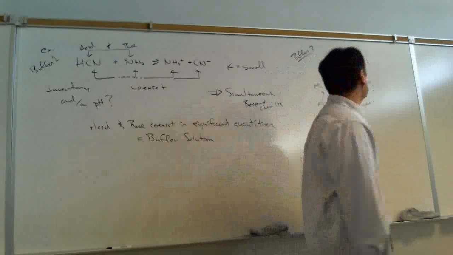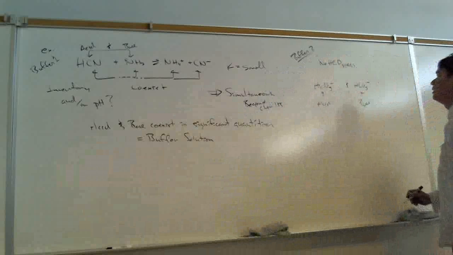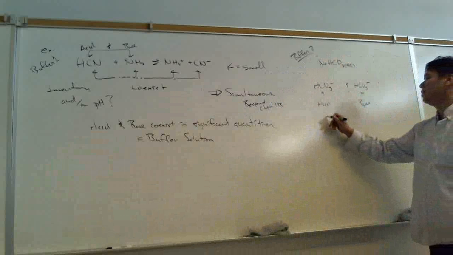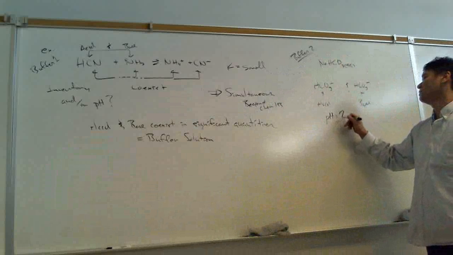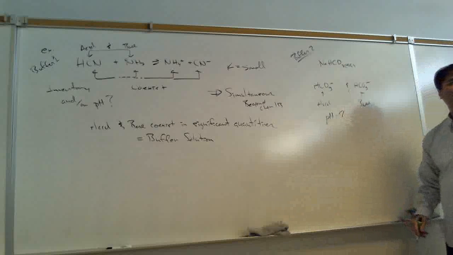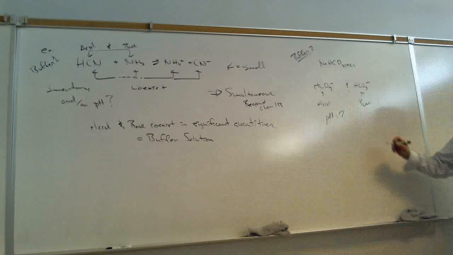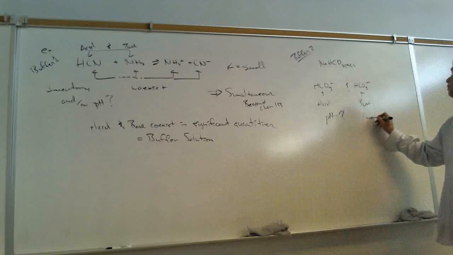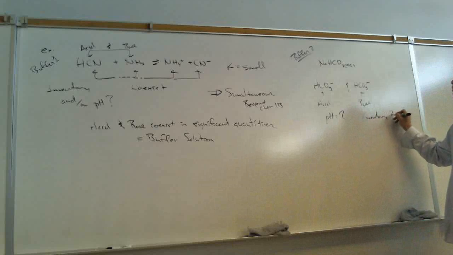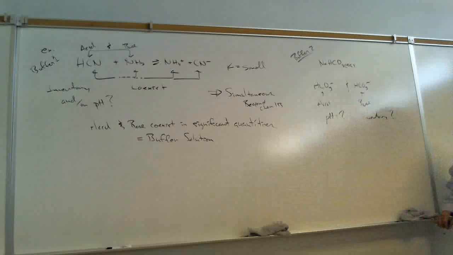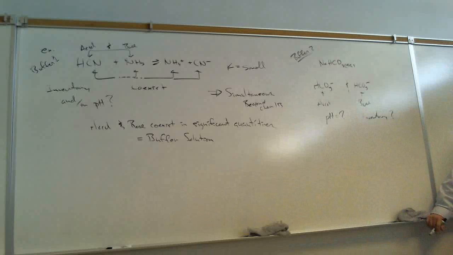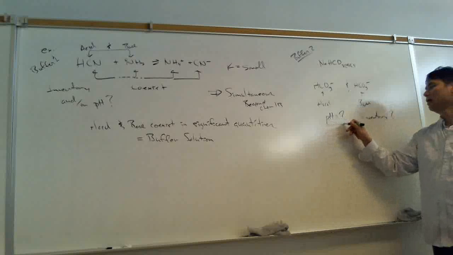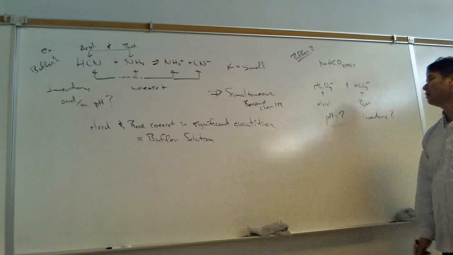And so let's say I just have bicarbonate in solution. What is the pH of this solution? What is the inventory of this solution? So why don't you try to figure out what you're going to do about the pH?